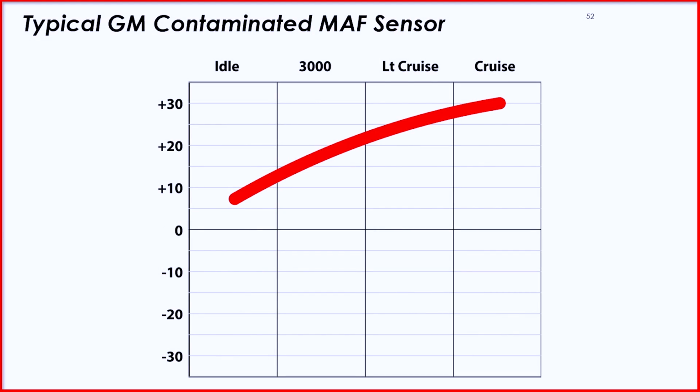Now here's what we see, an example of a typical General Motors vehicle with a contaminated mass airflow sensor. You've all seen it, right? You pull the mass airflow sensor out, it's got like a big wool sweater on it, and there's some contamination on it. Quite often, these things are not real affected, but they will be adding some fuel here at idle. While the vehicle's idling in the bay, let's say a 3.6 liter, I'm going to expect to see about 3.6 grams per second of air being read by the mass airflow sensor.